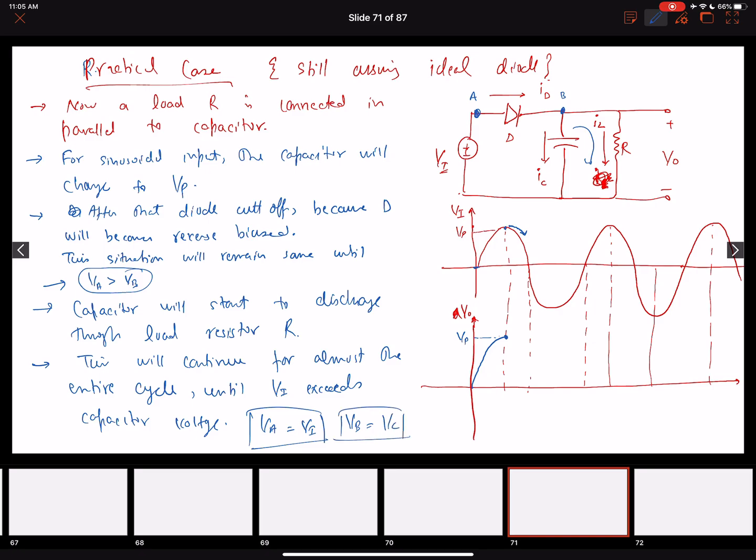Okay. So this discharging phenomenon is going to continue unless Vi becomes more than the capacitor voltage, and then our diode will become forward biased again, and we're going to start to have the charging phenomenon again. Okay, so interesting thing.